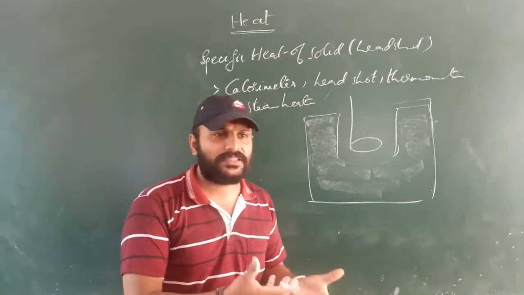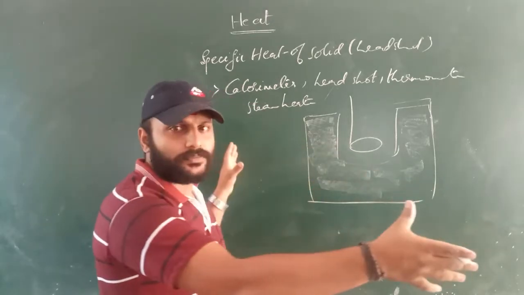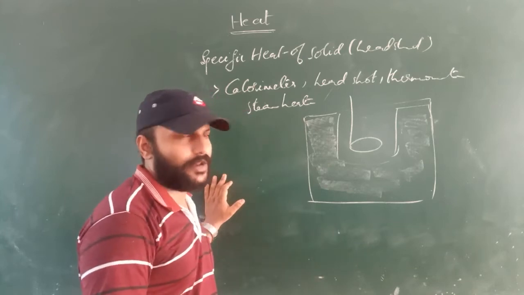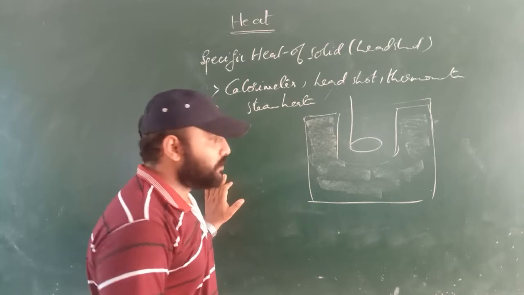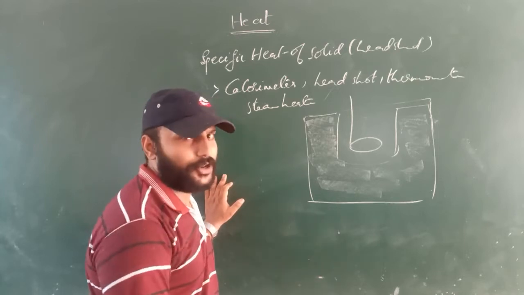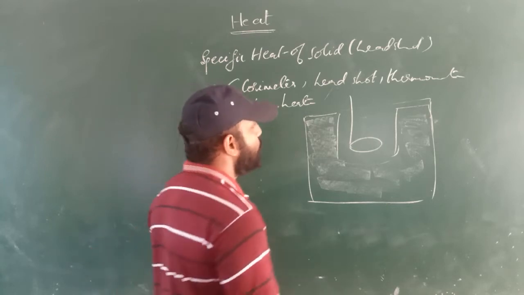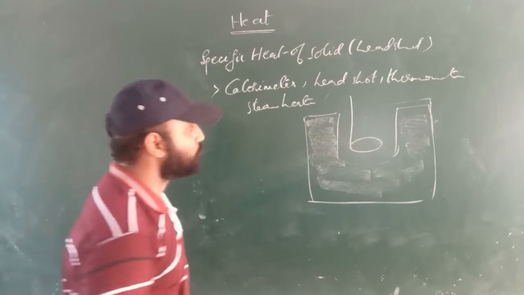The thermal insulating material will not allow the heat to pass out. We usually use sawdust or rubber as a thermal insulating material. So this is our basic model of calorimeter.